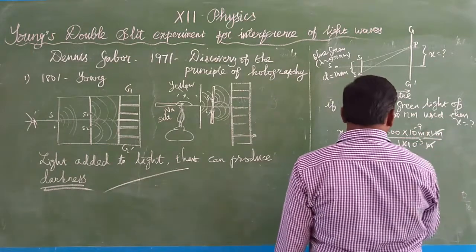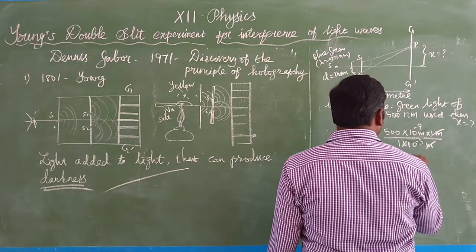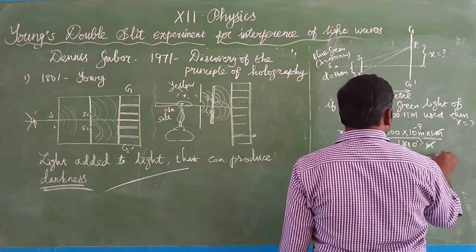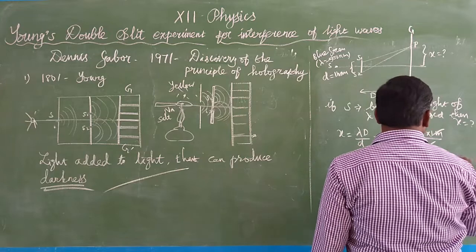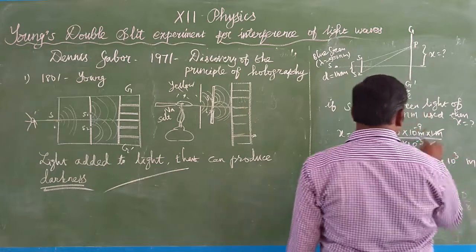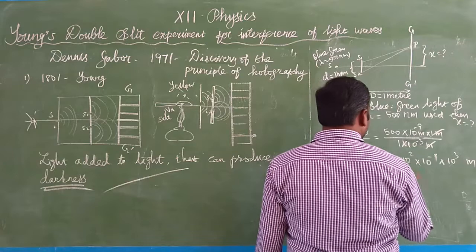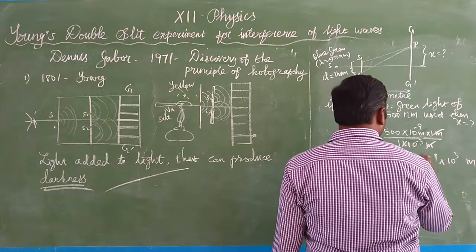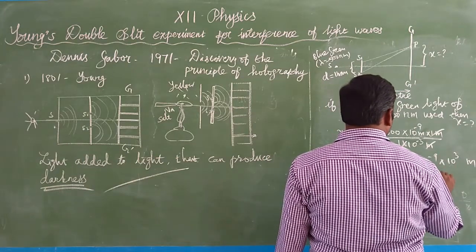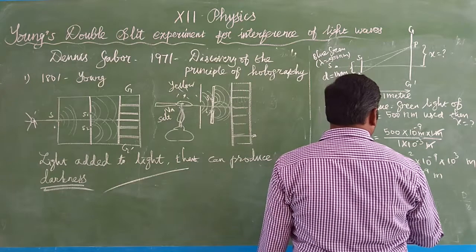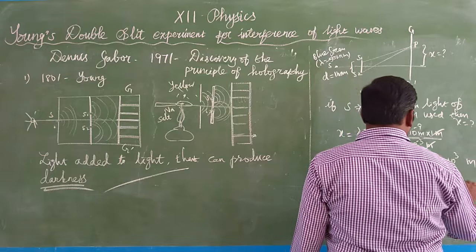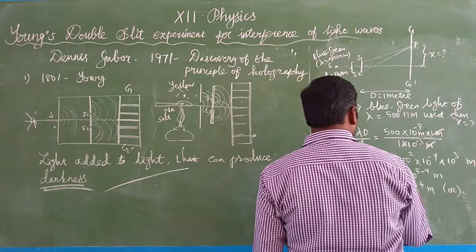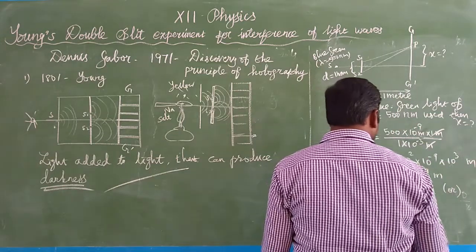We have only 1 meter. So 500 you can write as 5 into 10 square into 10 to the power minus 9, and the minus 3 in the denominator becomes plus 3 in the numerator. Then meter is there because this meter is left. So 5 into 10 power 5 minus 9 meter. Therefore 5 into 10 to the power minus 4 meter.